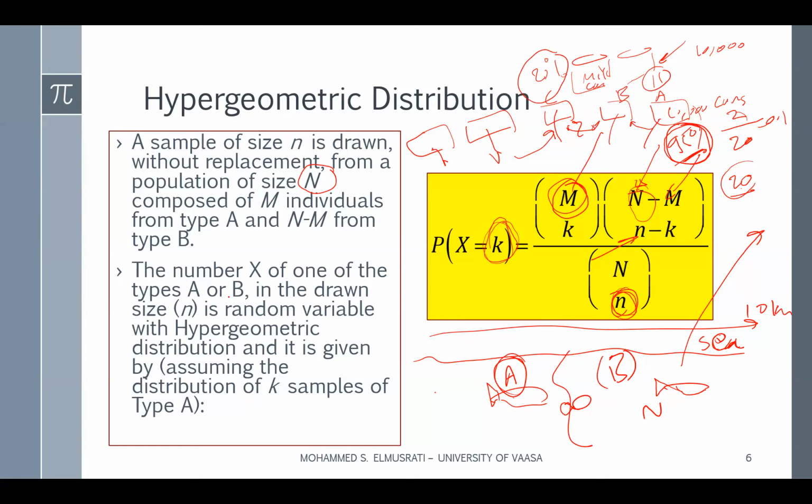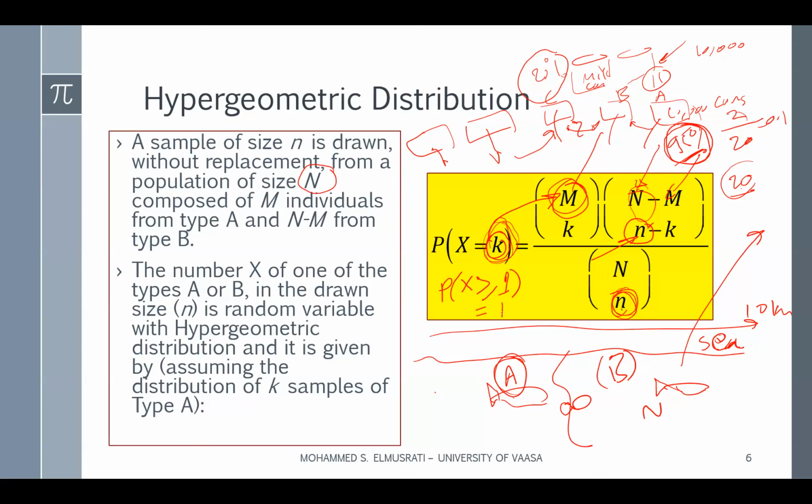Okay, and then if we draw a sample of size n, what is the probability that you will find k from kind A? Now I just like to detect at least one can. So in this case, I am looking for the probability of X being greater than or equal to 1 out of n small.